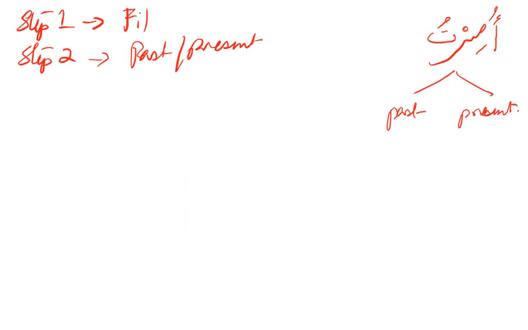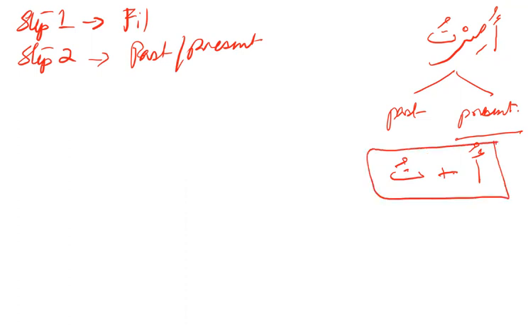Because we are considering it might be present, so we have u and tu. Do you have this ending in the present tense? No, right? So that's why it is not, because here the root letters are these. Ta is not part of the root letter. It is the sign of past tense.